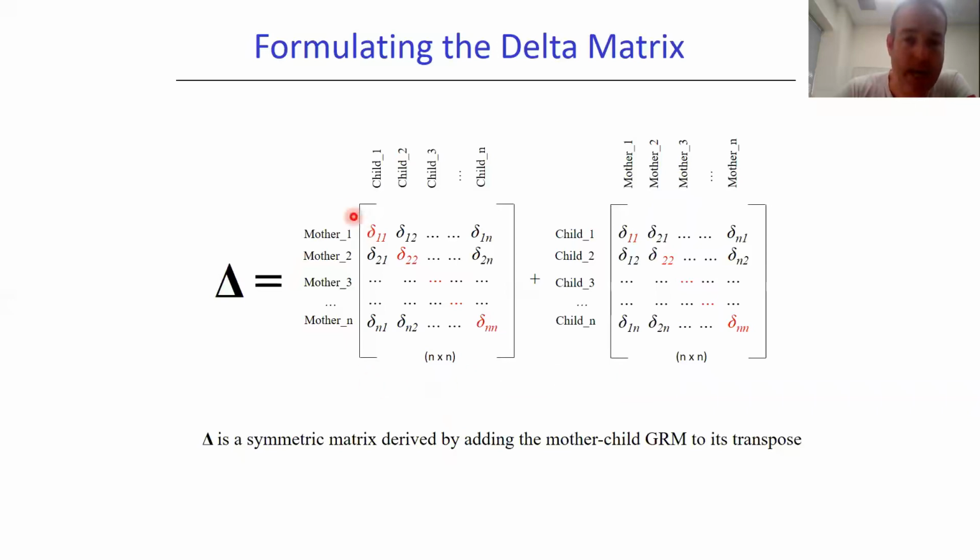So if you imagine here, this matrix has the genetic similarity between mums and their kids, where mums are indexing the rows and the children are indexing the columns. And the second matrix is just the transpose of that. So now it's the children that are indexing the rows and the mothers are indexing the columns. And when you add those two together, you basically get this symmetric delta matrix.